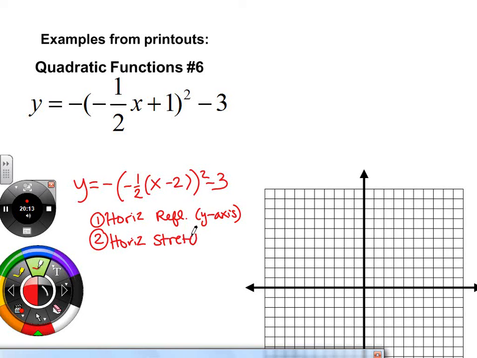It doesn't get multiplied by a half. It actually gets multiplied by 2. Okay? And we have a horizontal shift. It says x minus 2. Will that go to the right 2 or to the left 2? To the right 2. Then for our vertical stuff, we have a vertical reflection, and we have a shift down 3.